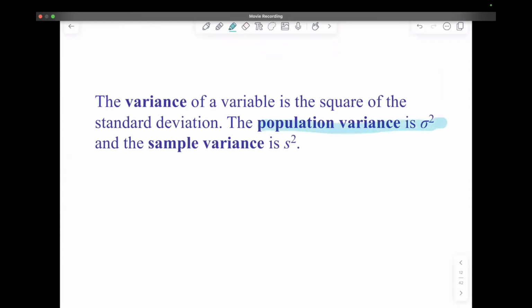All it is is the standard deviation squared. I don't know what it's good for. I've never used it for anything, but it has a name. So just write it down: variance is standard deviation squared. I think maybe one or two homework assignments ask you that question.